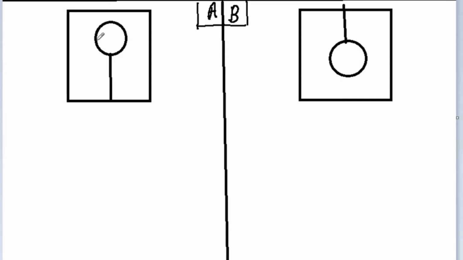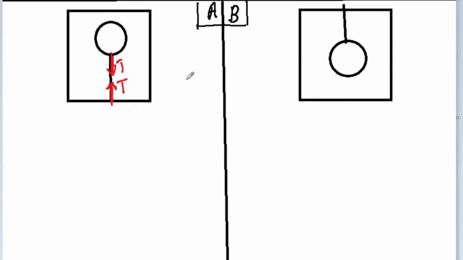So there will be a force preventing the ball from floating upwards. That force is the tension, and this same tension will act on the beaker because of the string.